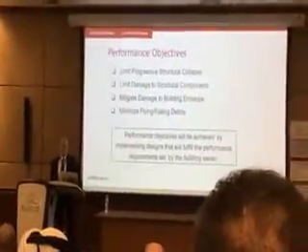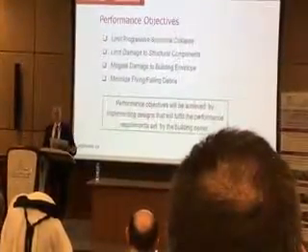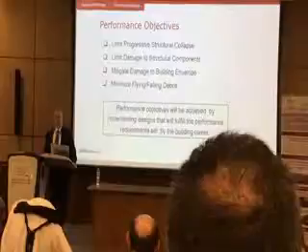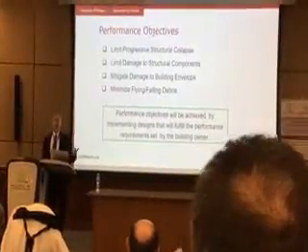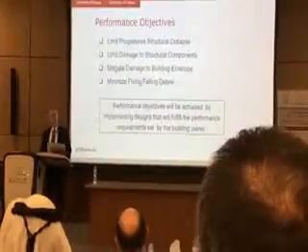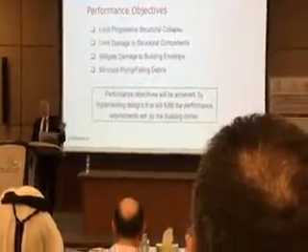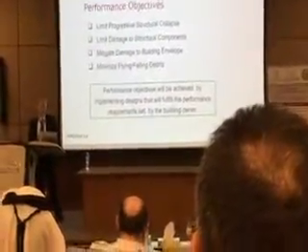So, performance objectives, having that piece of information, you have to limit, you have to control a number of things. First of all, you have to limit progressive collapse, and I'll talk about that at the end. And I already defined what progressive collapse is.